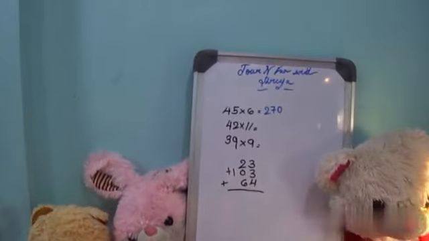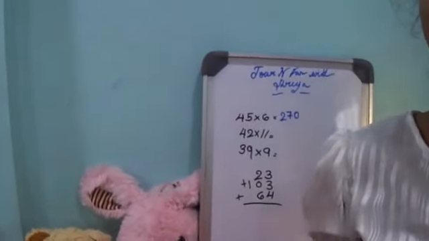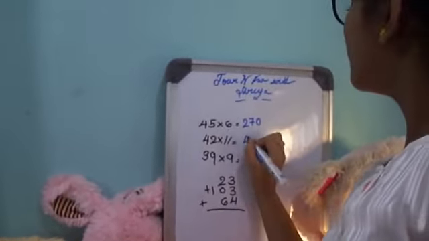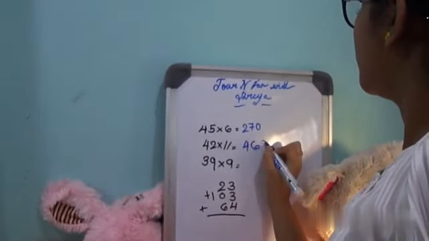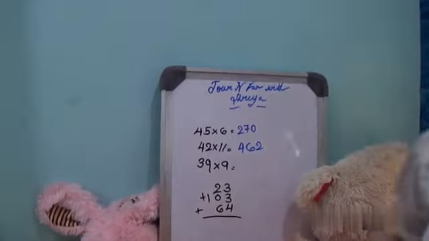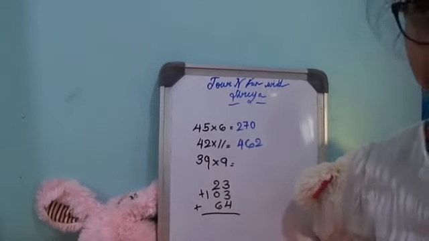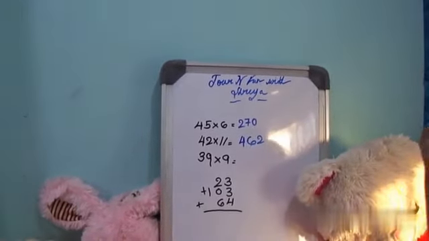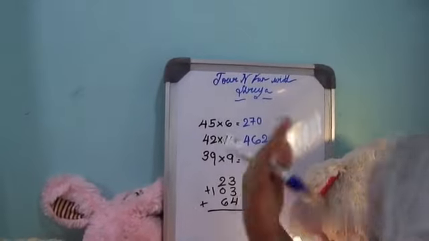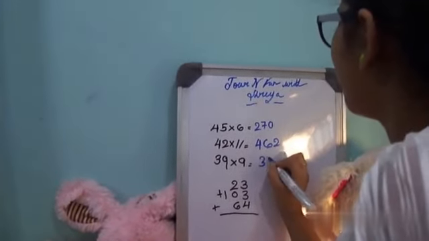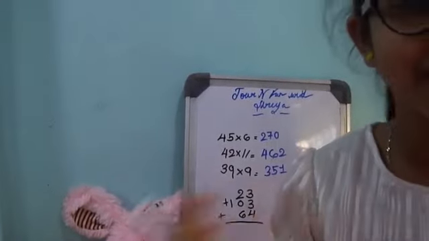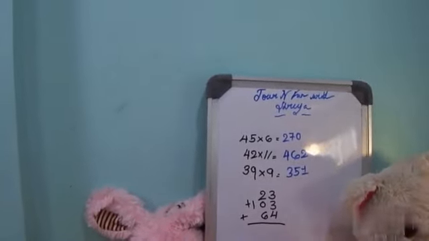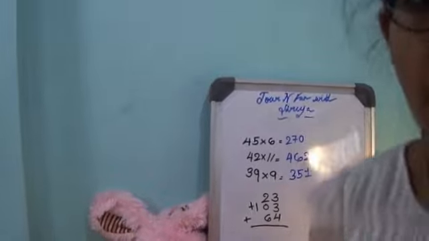Now 42 into 11, what will it be? 462. You guys can't solve it just by looking at it, right? 39 into 9, how much will it be? 351.